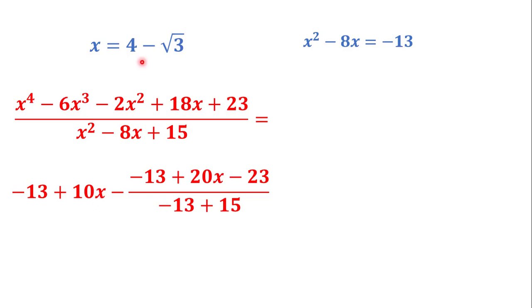Now replace x by 4 minus square root of 3 in here and in here.